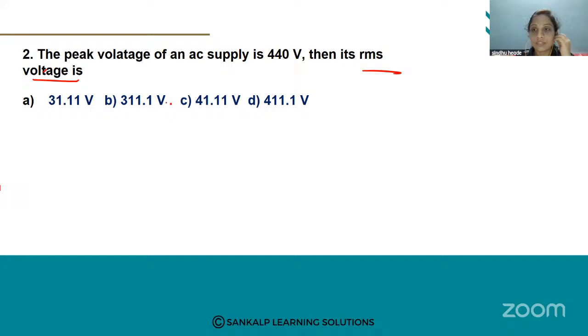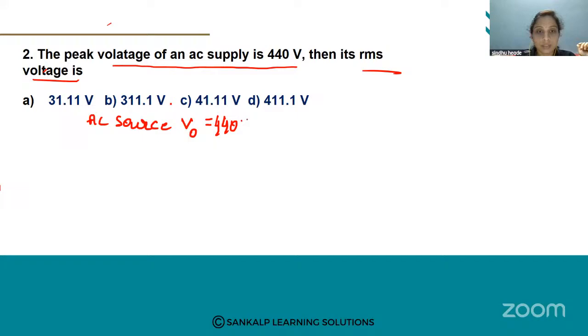What are the given things here, students? Here they give the peak voltage of an AC supply, 440 volt. In an AC source, we know that peak voltage is represented by V naught. Here the V naught value is given, that is 440 volt.